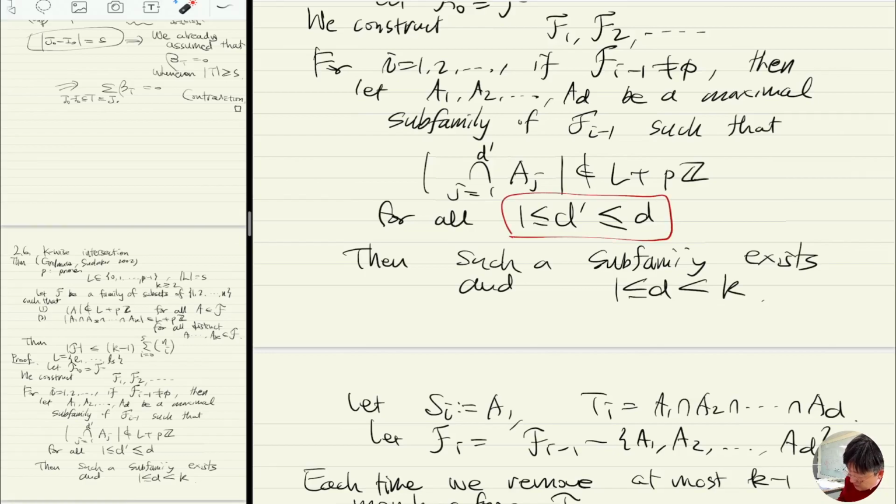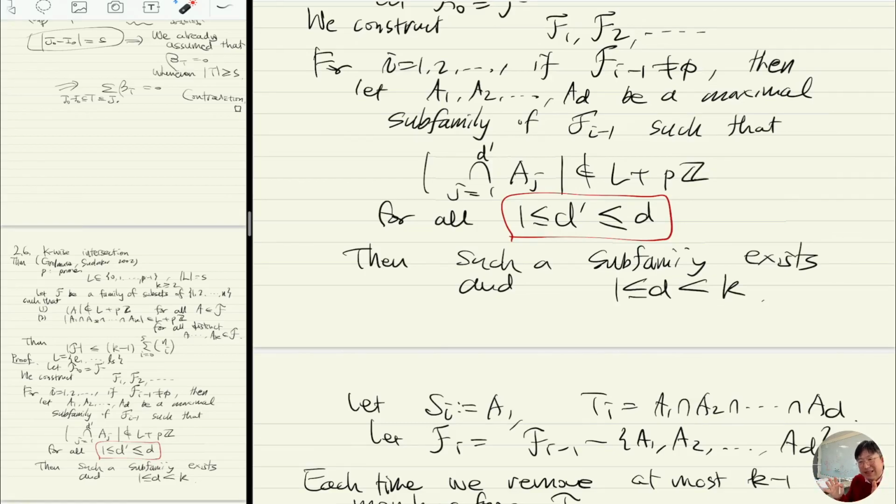Previously I wrote that every subcollection has an intersection not in L plus pZ, but actually I only care about A1 up to something: the intersection of A1, A2, the intersection of A1, A2, A3, and so on, up to the intersection of A1 through Ad.